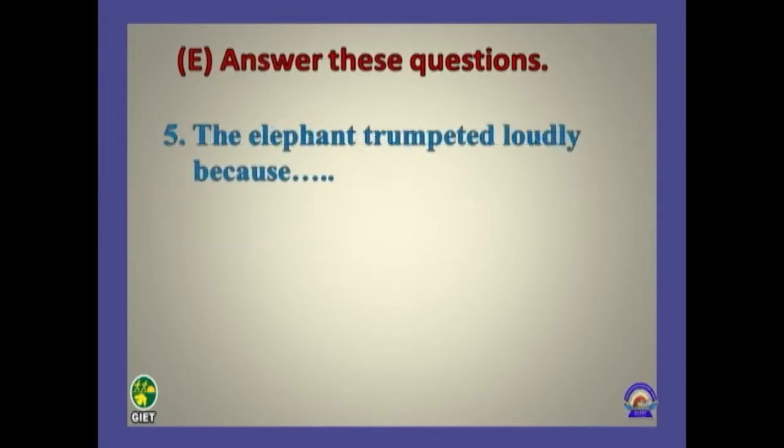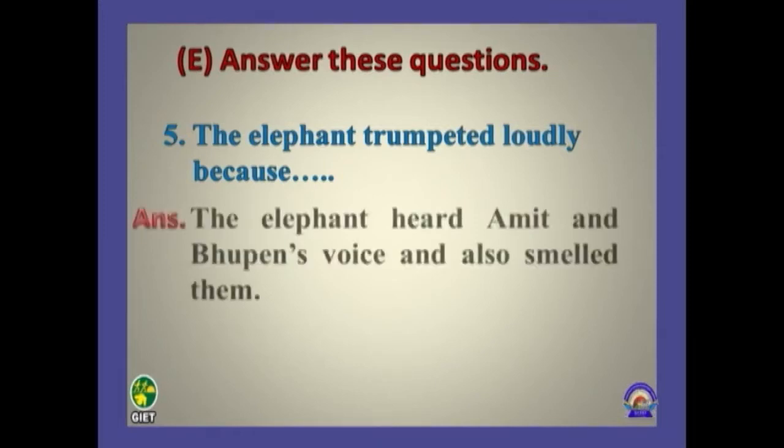Fifth, the elephant trumped loudly because the elephant heard Amit and Bhupen's voice and also smelled them. In our story, the elephant heard Amit and Bhupen's voice behind the tree and also smelled them. So, he trumped loudly.